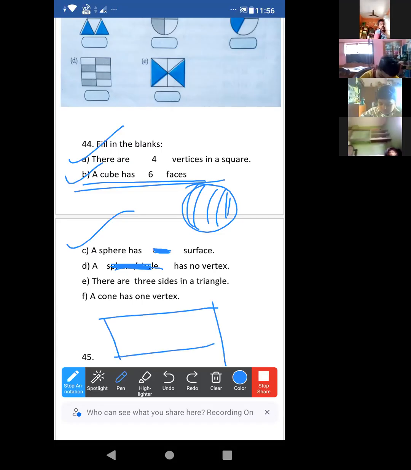Suppose a pencil box, you can touch it in six ways: front, back, upper, lower, left, right. But in the case of a football or watermelon or orange, only in one part you can touch. There is no cut part. So only one surface is there, right? One surface. Completed.